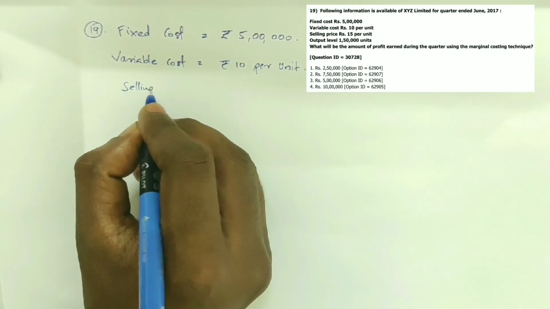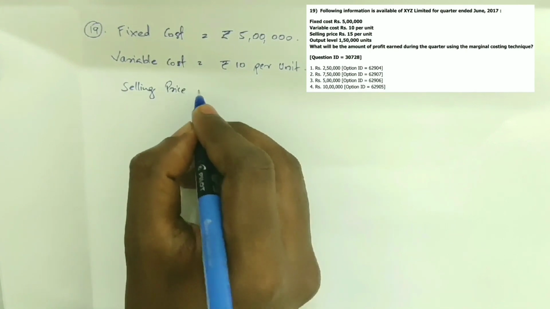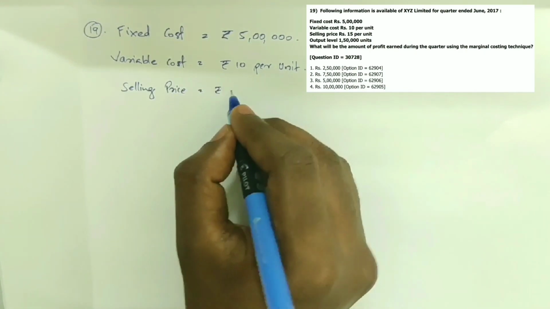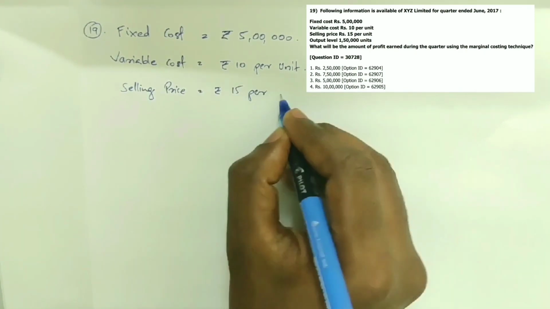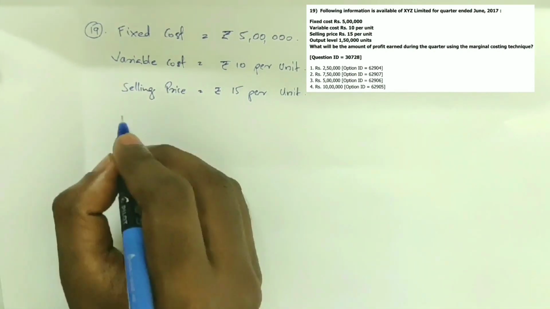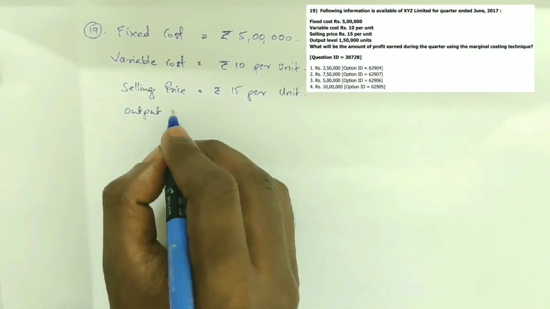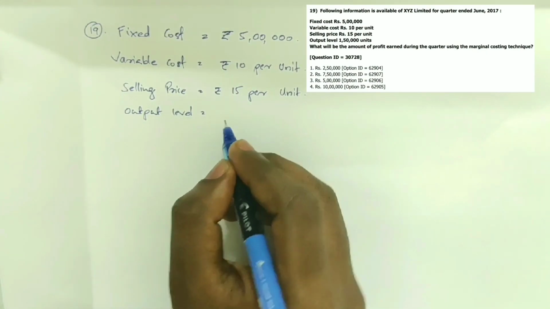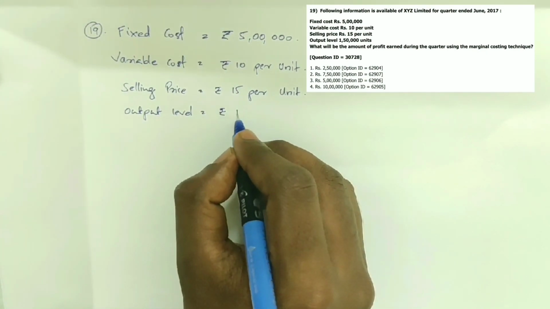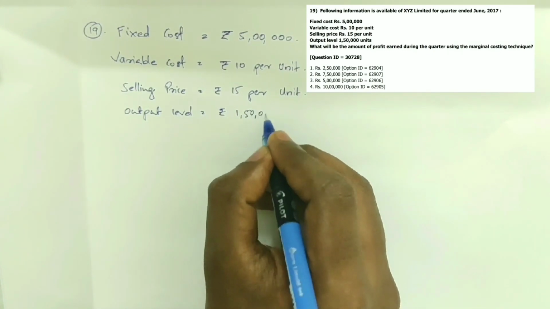Selling price is equal to rupees 15 per unit. Output level is equal to 1,50,000 units.